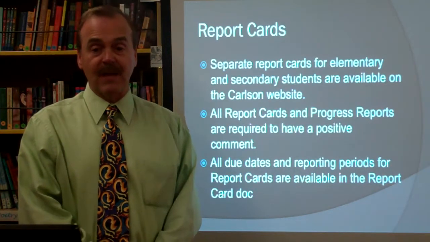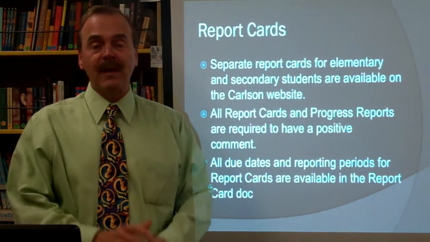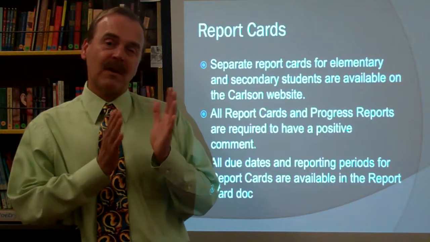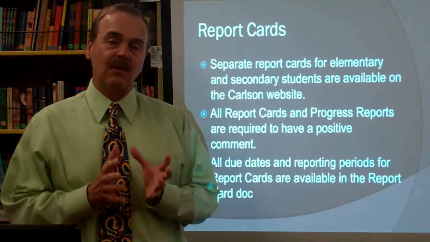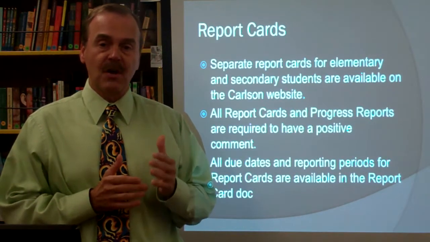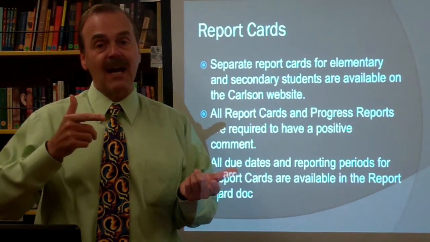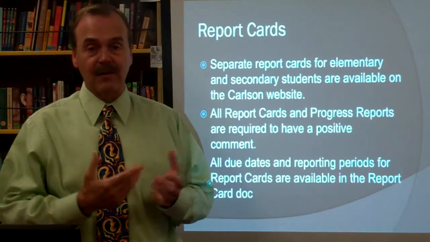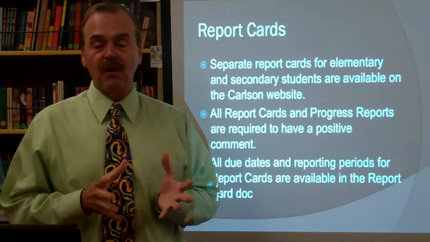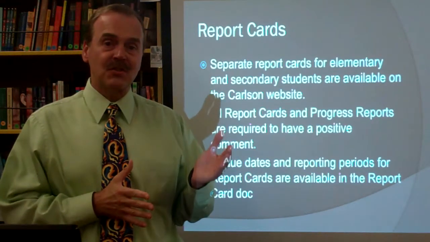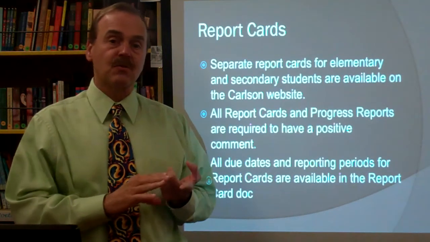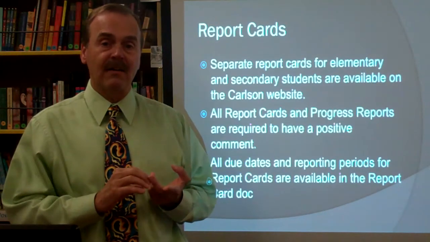Report cards. We have separate report cards. Remember, we're K through 12, and we have separate report cards for elementary, as we do for secondary. And with Carlson, elementary students are considered students who are in grades K through 5.